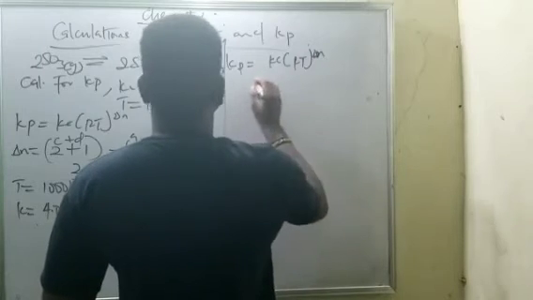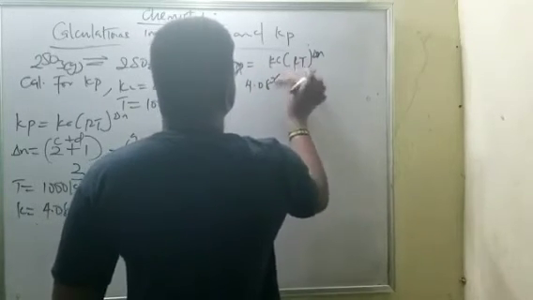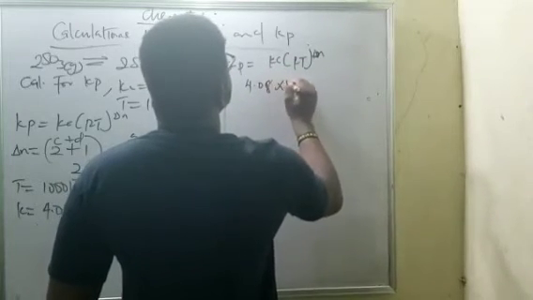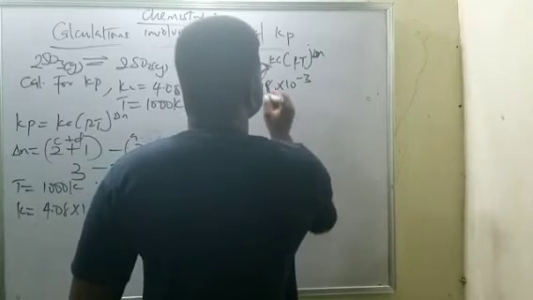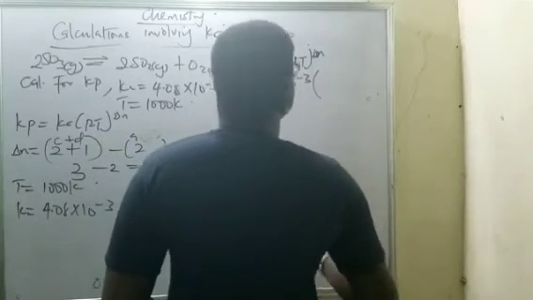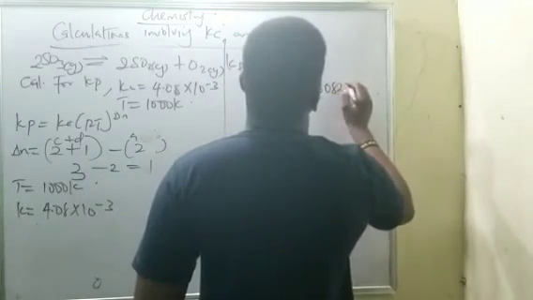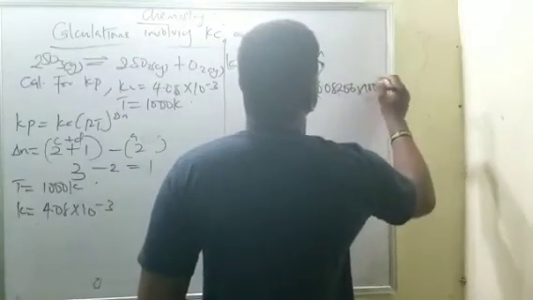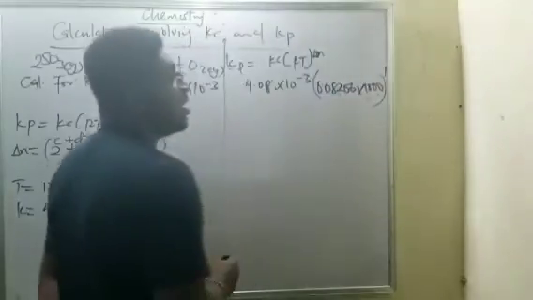So our Kc is given as 4.08 times 10 raised to power minus 3, times 0.08206, yes, times 1000, all raised to power of what? 1. All raised to the power of 1.